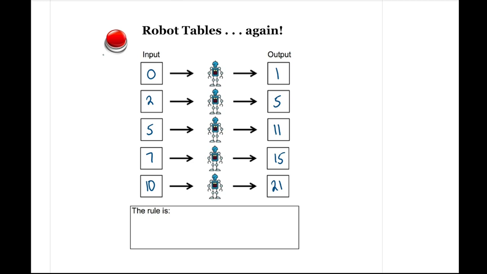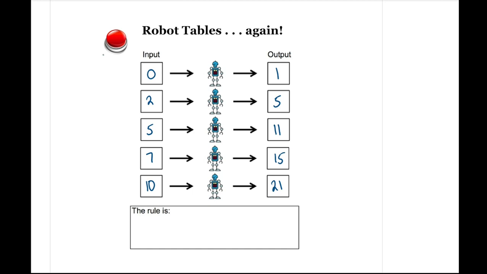So now we need to think about, okay, what is the rule? If we look at this, there's no number that I can multiply 10 by to get to 21. Same with 7 to 15, 5 to 11, 2 to 5, and 0 to 1. So there's a little bit more to my rule now than just multiplying a single number.